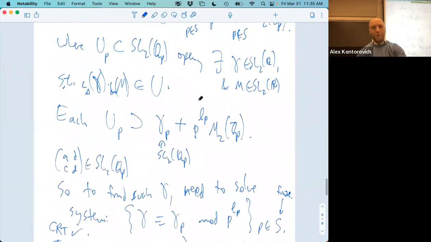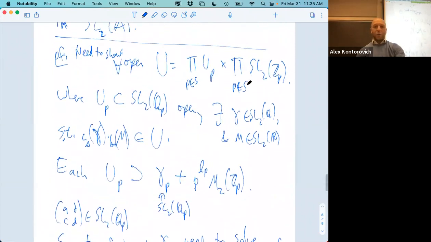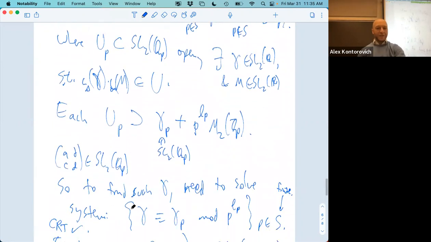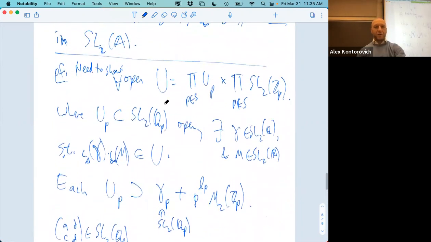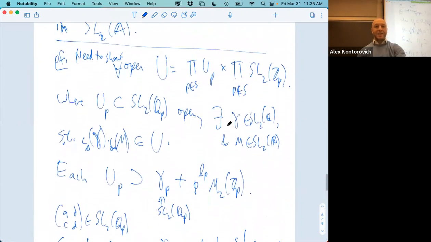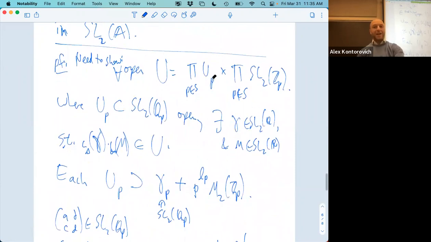Now we're not done. We're practically done, right? What have we done? At all the finitely many places where we need to find something, the point is that gamma embedded diagonally will be in all of these places. And now I use my matrix in SL2R to make the SL2R place anything I want.